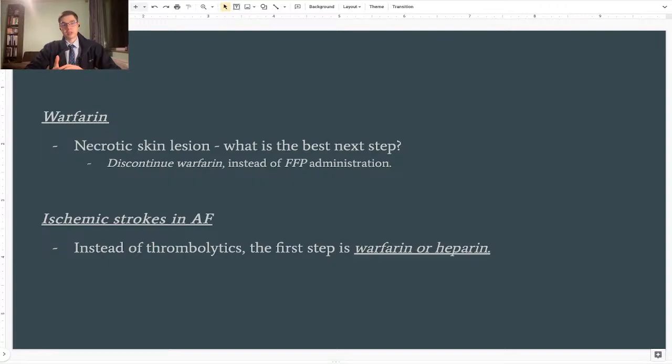To treat this necrotic skin lesion, we have firstly to again discontinue, but not heparin, but warfarin this time. If you have one choice that suggests to administer fresh frozen plasma, then you would have to opt for the discontinuation of warfarin.